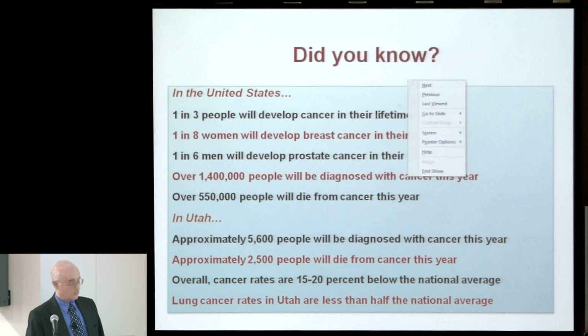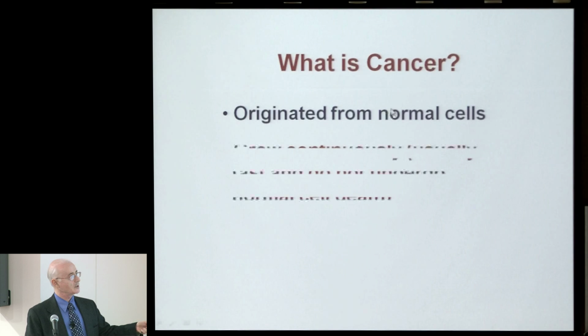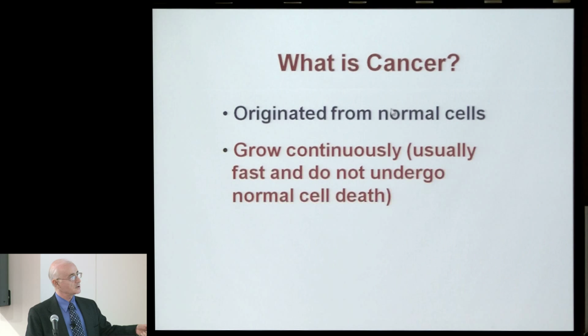Now we'll talk about what cancer is. Cancer originates from a normal cell. I'll show you later, it grows continuously, usually fast, and does not undergo normal cell death. I talked about this subject at the beginning of my lecture, that a normal cell usually has a lifespan and dies when you go through the life cycle.